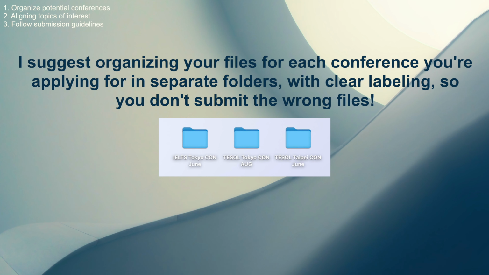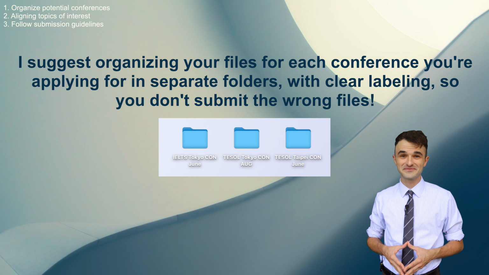To make this process even more challenging, each conference will give different submission guidelines. I suggest organizing your files for each conference you're applying for in separate folders with clear labeling so you don't submit the wrong files. It's happened.